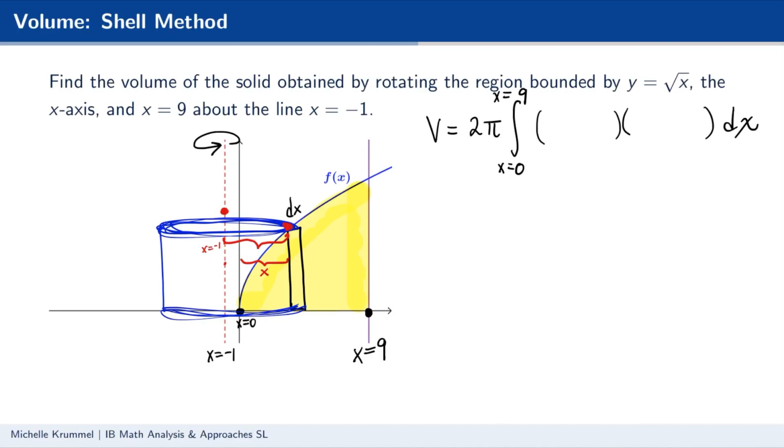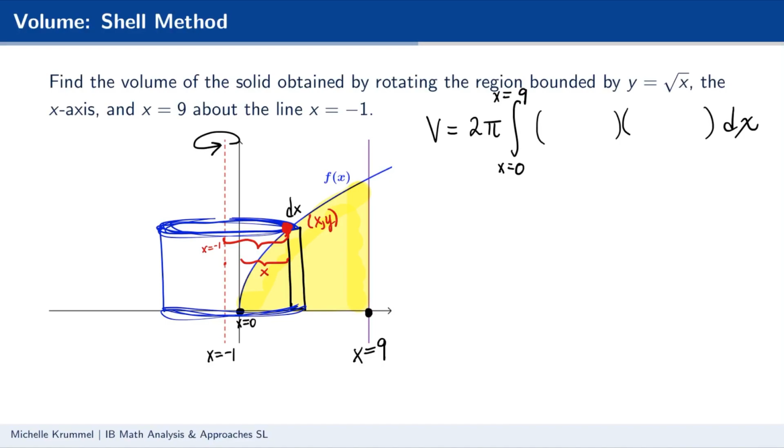We want horizontal distance. And so, like I've said in my previous videos when we were talking about washer method, if you want a horizontal distance, you're going to take the right x value minus the left x value. So this point that the rectangle is touching on the curve, we can think of that in general as the point (x, y).